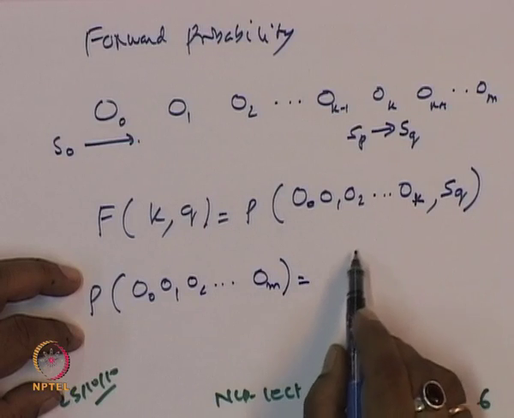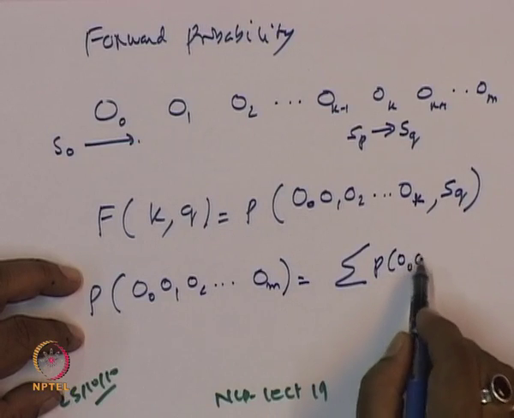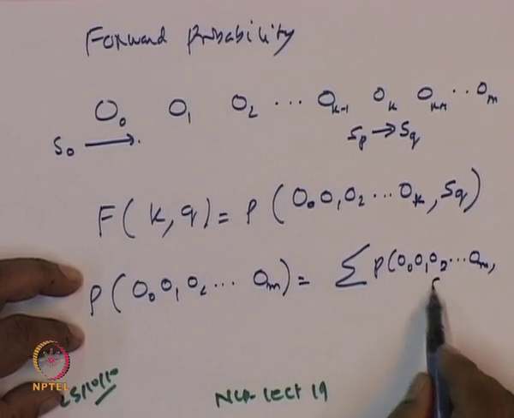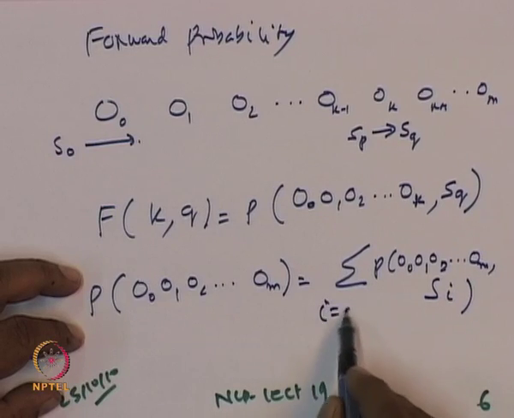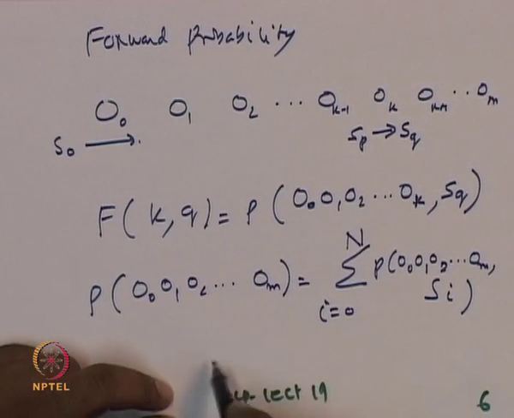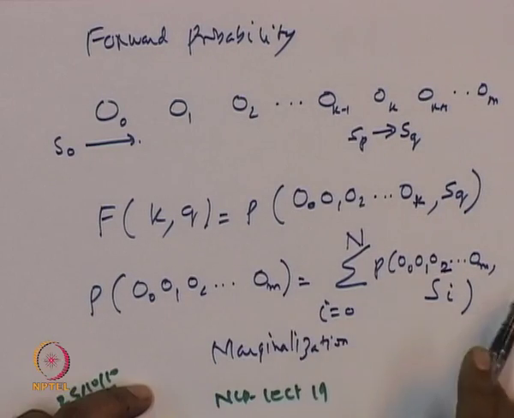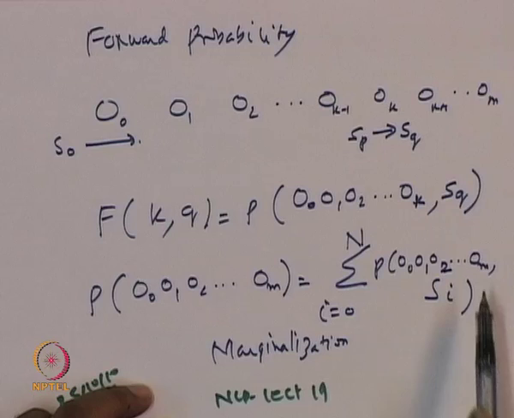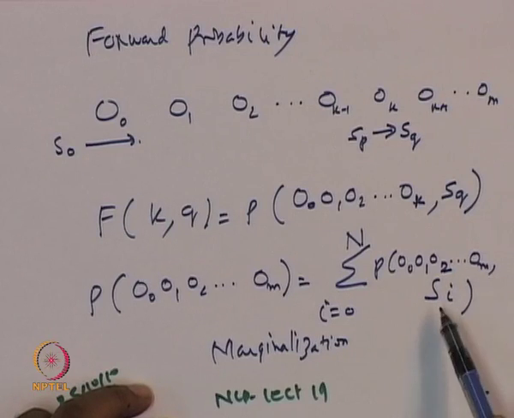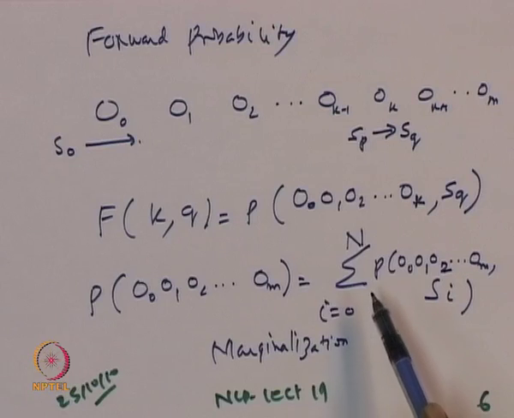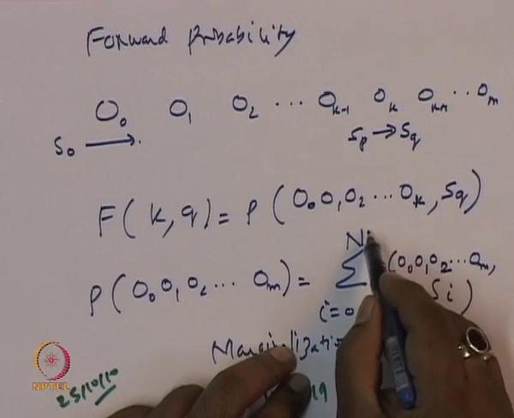This is nothing but the probability of O naught, O1, O2 up to O m comma S i, for i equal to 0 to n. This is nothing but marginalization. The whole sequence probability is appended with a state S i, and we have to take all possible values of S i from 0 to n, where n is the number of states.